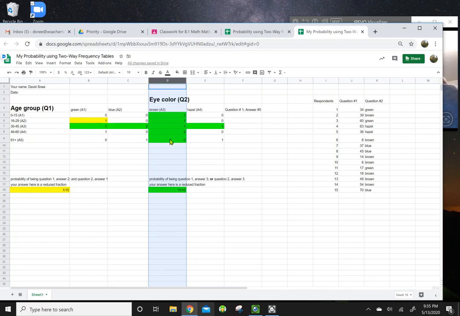I highlighted all these green because it's asking what's the probability of it being brown eyes or in the age group of 30 to 45. So I added all of those up: 2 plus 1 plus 1 plus 3 plus 1 plus 2 plus 1 equals 11. So the odds of having brown eyes or being in the age group of 30 to 45 is 11 out of 15, and that is a reduced fraction.